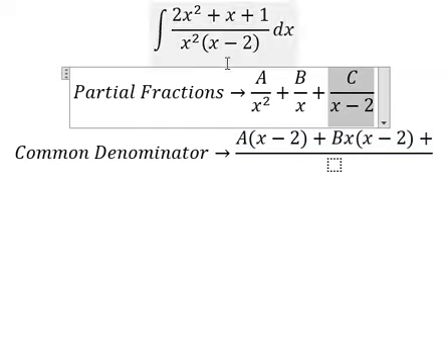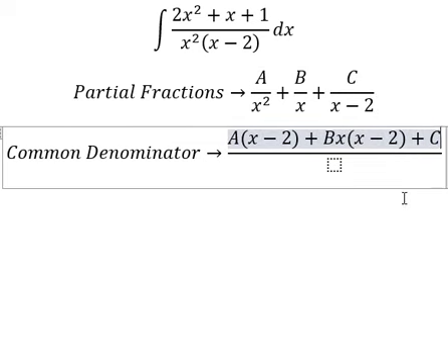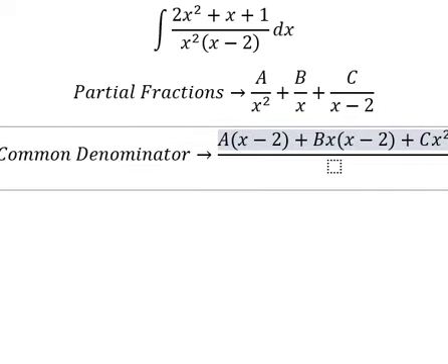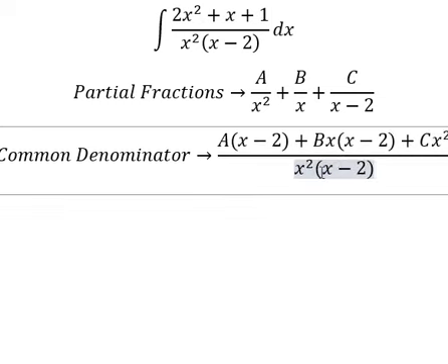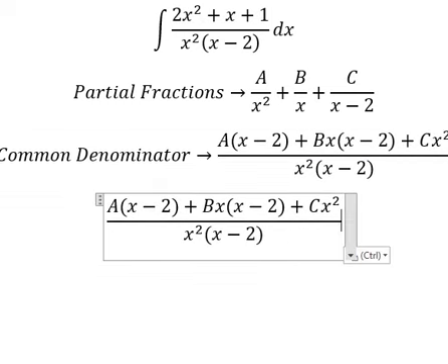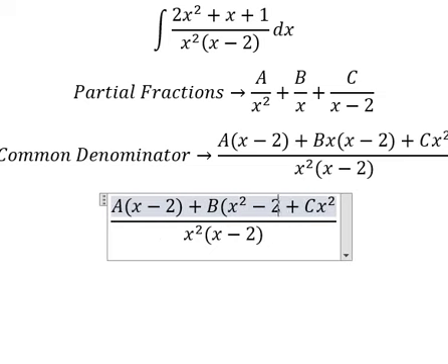About this one, it is missing s squared, so capital C multiplied by s squared. So this one we need to expand, and we have s squared minus 2s.